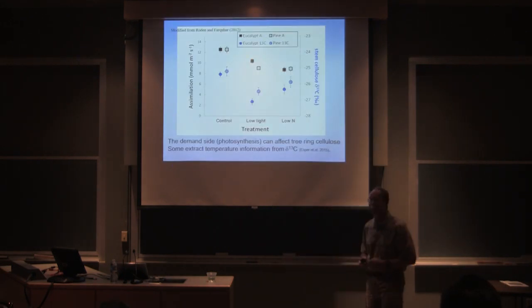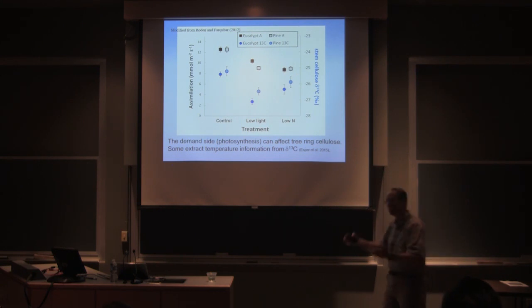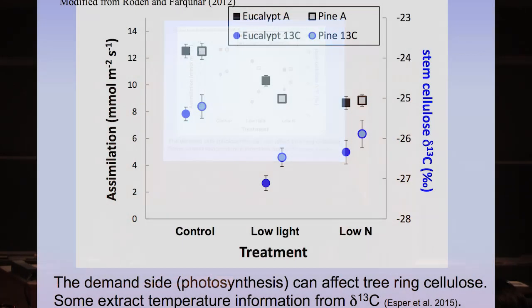And finally, this is some work that I've done in 2012. This is photosynthetic rate in a controlled experiment with 2 species. This is the control, and then I gave them low light, and then I gave them low nitrogen. So low light, they have a lower photosynthetic rate. Well, duh, right? But low nitrogen, you have less enzymes, you can do less photosynthesis. So both of these reduce the photosynthetic demand for CO2.